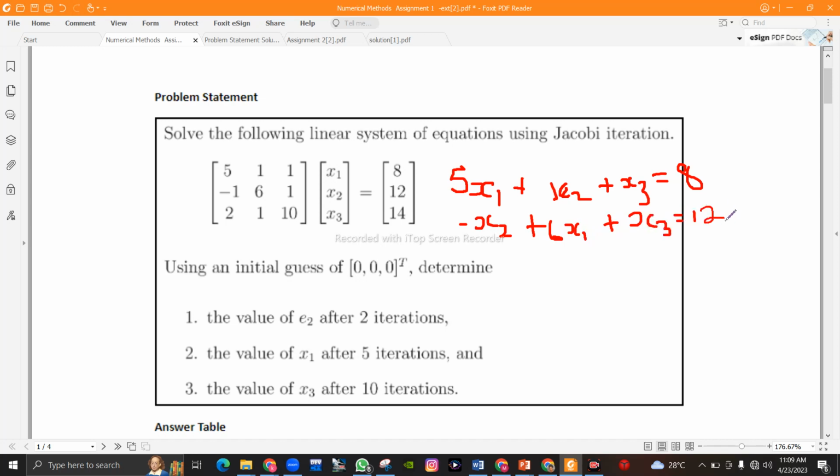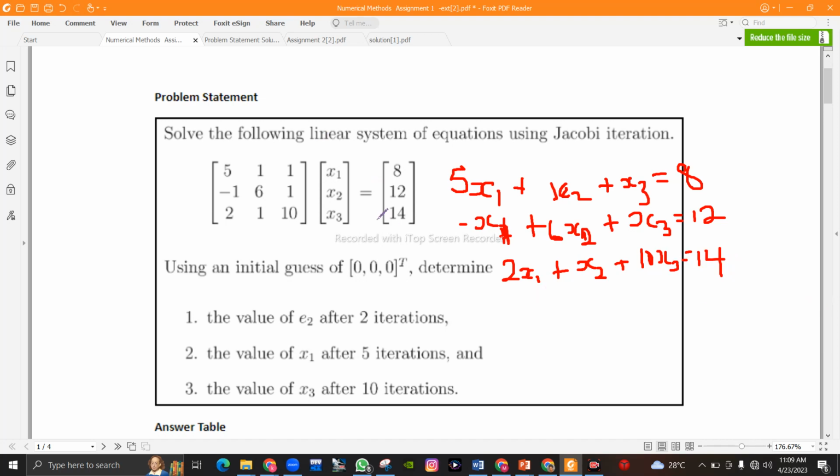Sorry, there's a mistake there. This is minus x1 plus 6x2. Now we write this equation three: 2x1 plus x2 plus 10x3. That's the equation to be equals to 14. So we've written all the equations.